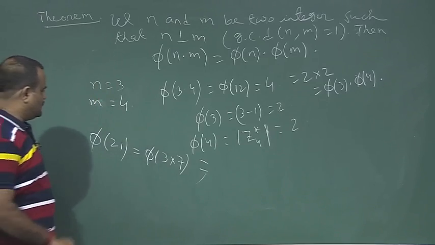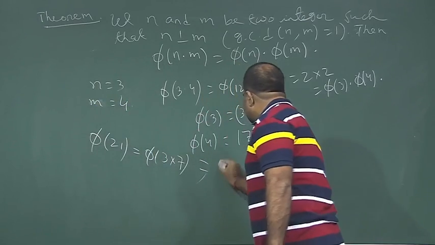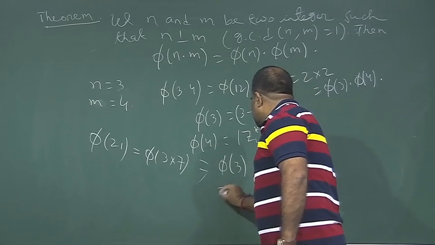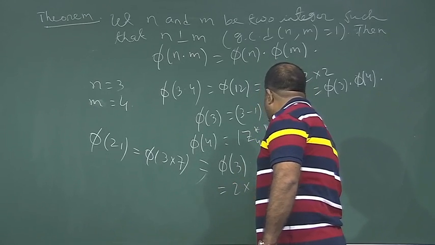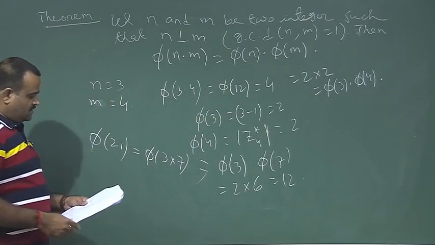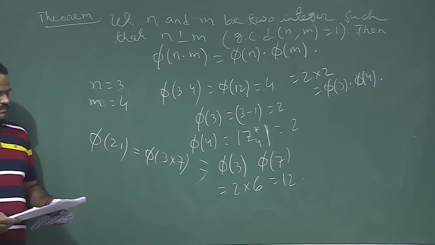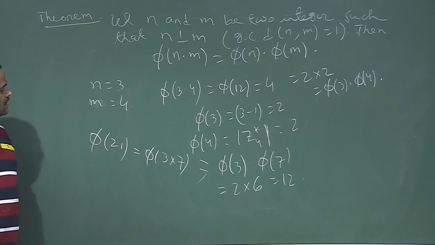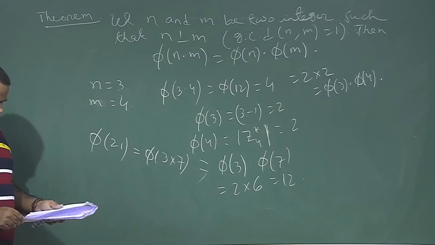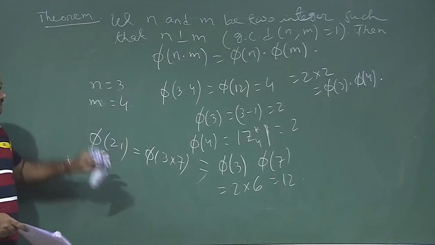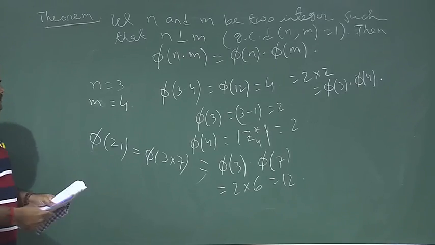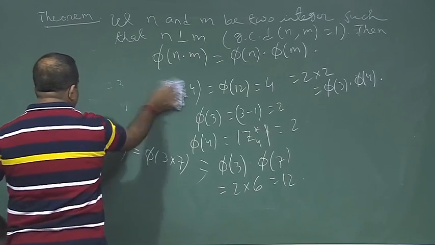If we use this result, then this is phi 3 into phi 7, both primes, so it is 2 into 6, which is 12. So, phi 21 is 12, and we have seen the elements of phi 21. Now we need to prove this theorem in general, so let us try to prove it.